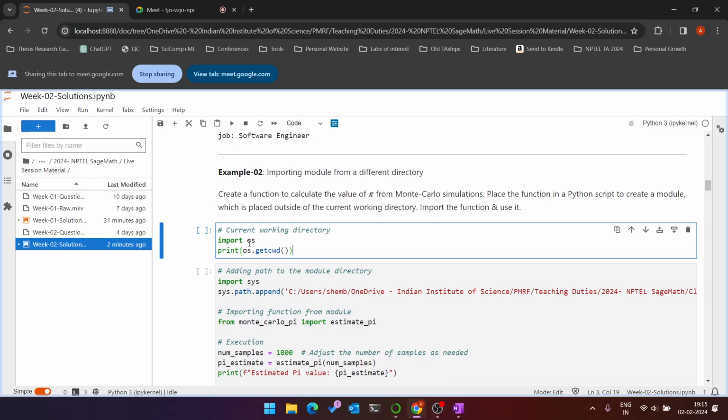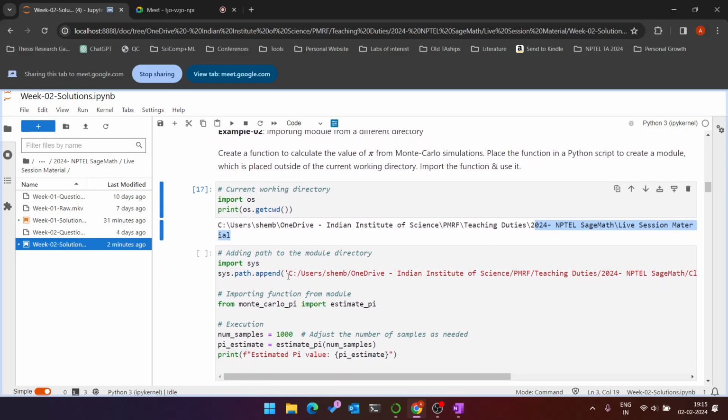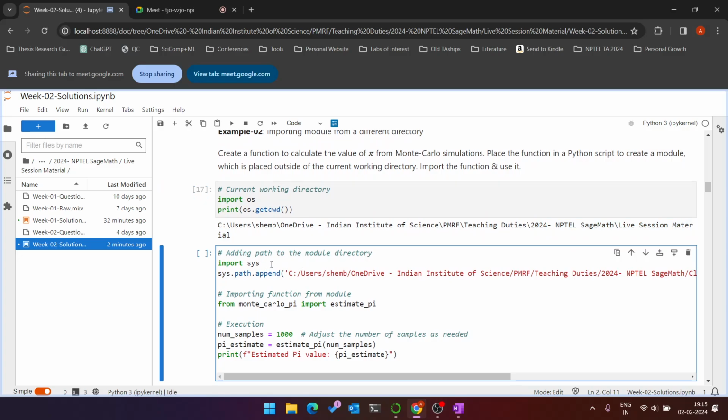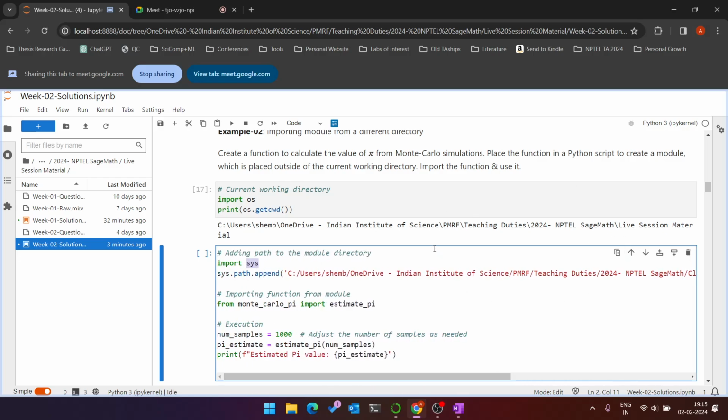So I'll use something called the OS module and use that to print the full path to our current working directory. So you can see that this is where I am, 2024 NPTEL SageMath live session material. And then I'll use the sys module to add a different directory along with my current working directory when I'm running this code.